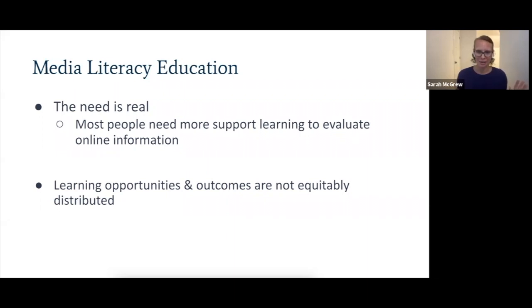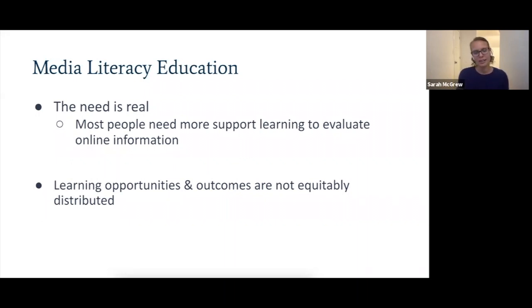But a lot of that breaks down when we think about actually how people do at evaluating online information. And most of us just aren't very good. And that, of course, leaves us vulnerable to misinformation and ultimately can weaken the quality of the decisions that we make. Of course, it goes without saying, something that can have disastrous public health consequences.